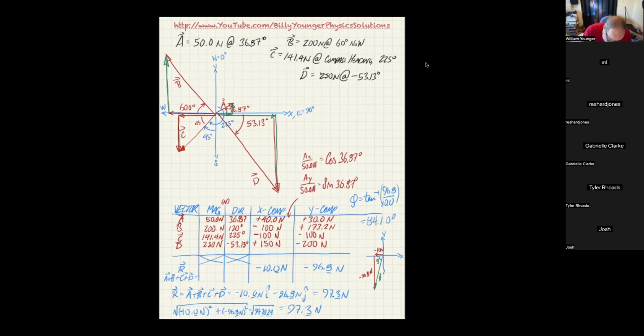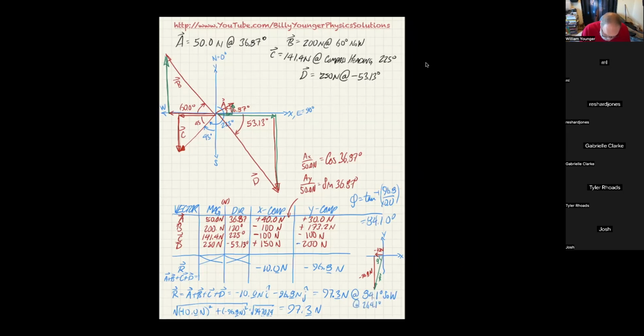So I'm going to say this is at 84.1 degrees, let's say south of west. That would work. I could also say 180 plus 84.1 would be 264.1 degrees.